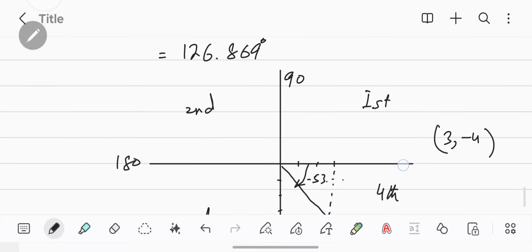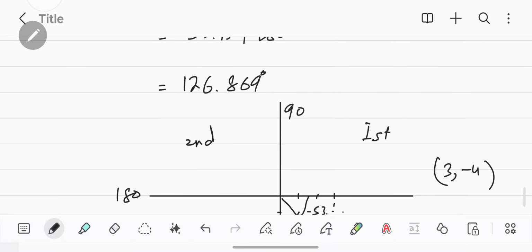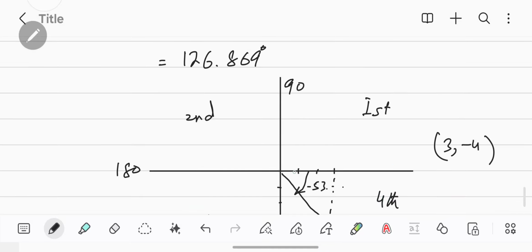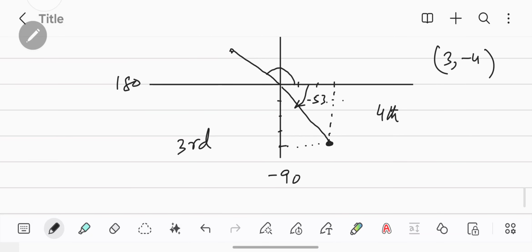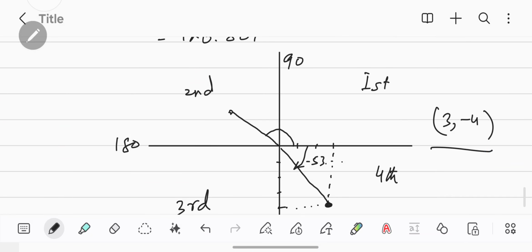So if I draw this angle on this diagram, I will go from here to here. I got 90 degrees, but I have to go to 126. So that means here I have some line. But this line cannot determine my point, because my point was 3 comma negative 4.